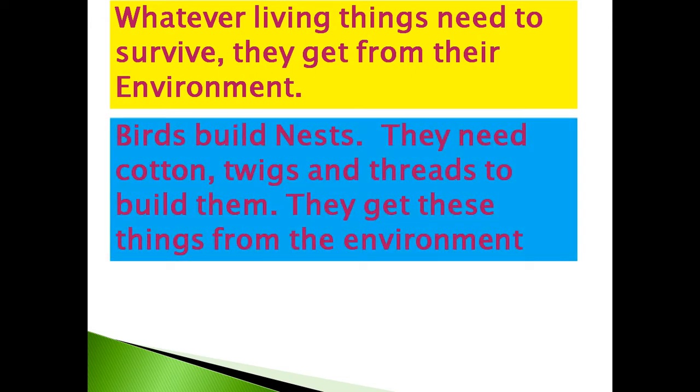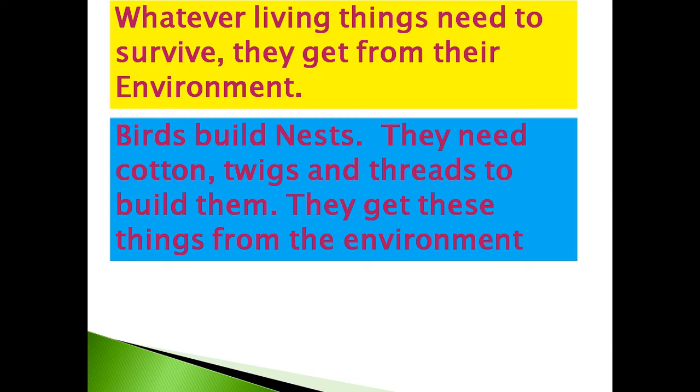Let's take a small example. Birds build their nest. Students, we know the shelter of the bird is the nest. To build the nest, they need three things: cotton, twig, and thread.